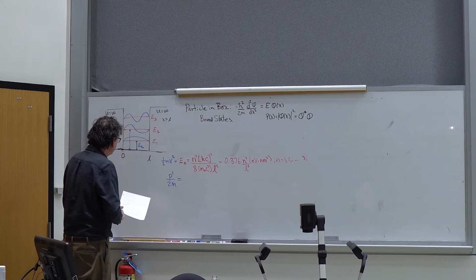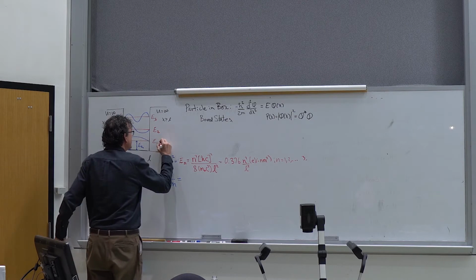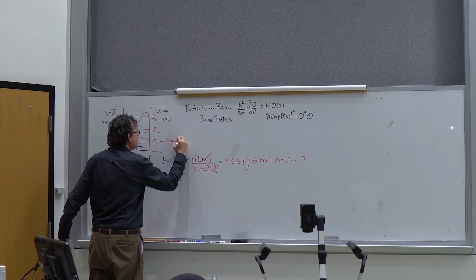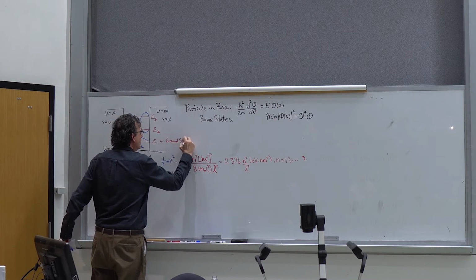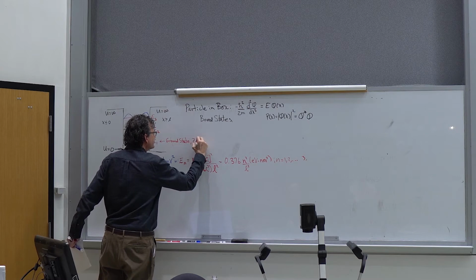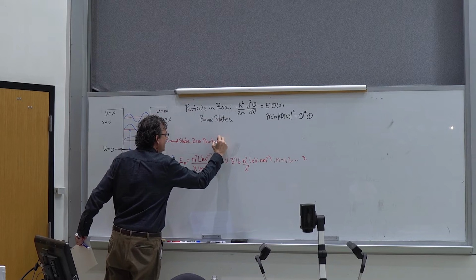This particular one is called the ground state energy. So this is the ground state energy, or what's called the zero point energy. This is the least energy that a particle in a box can have.